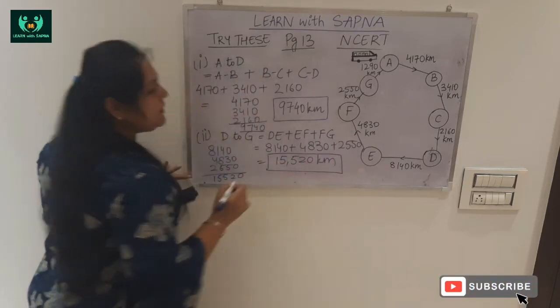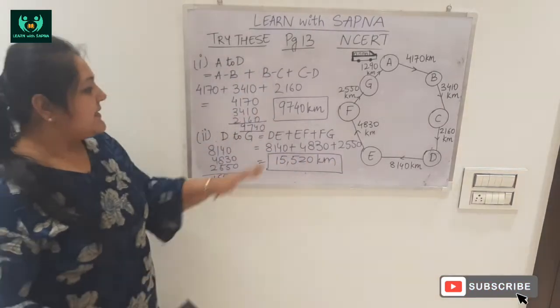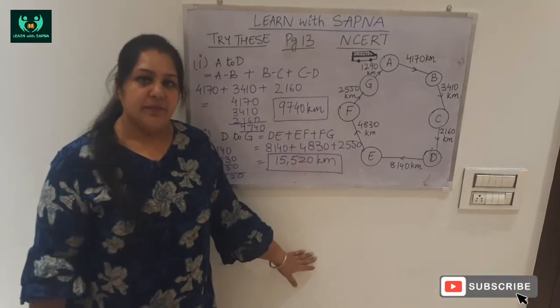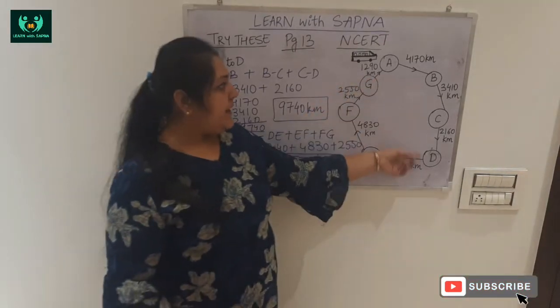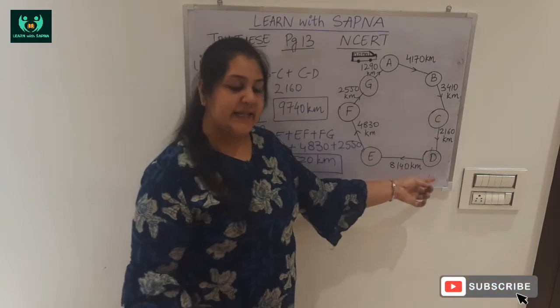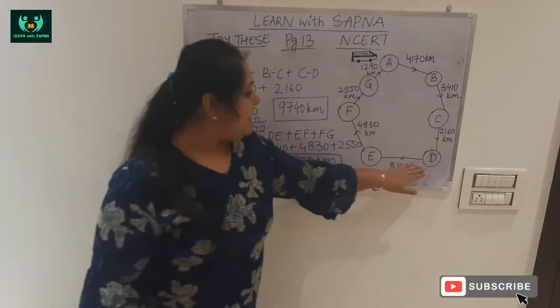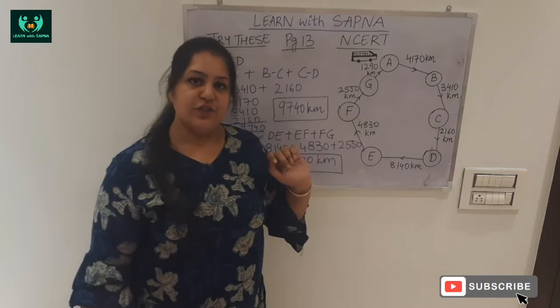It's simple addition. Nothing hard and fast. Simply you just have to add them. Right? A to D is AB plus BC plus CD. Then for D to G, DE, EF and FG.